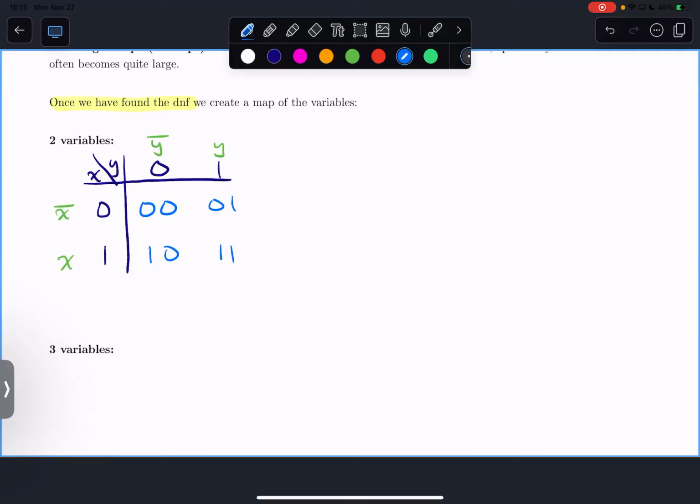We can convert these to binary labels, which is what we have in our DNF.